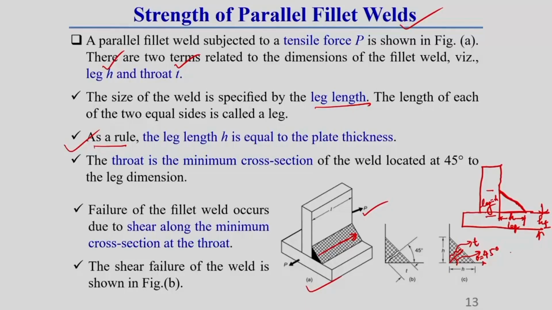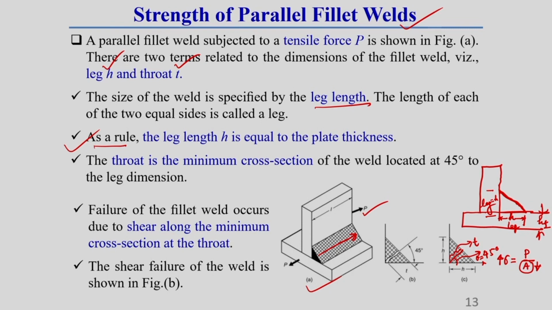Why in the minimum cross section zone? Because we know that stress is equal to load divided by cross sectional area. If the cross sectional area decreases, then the stress magnitude increases. So, where there is minimum cross section, the stress will be more, and the chances of failure will be more in that section.